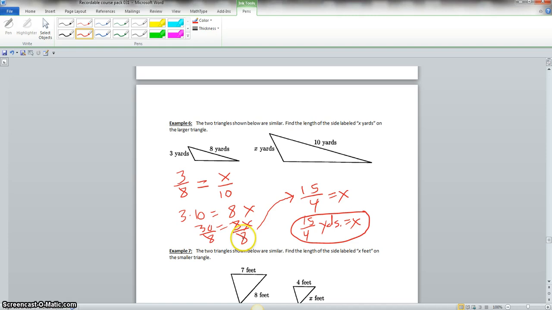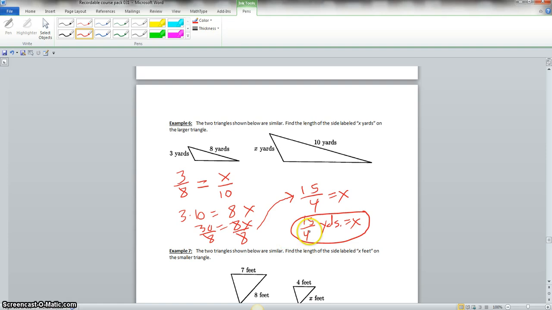Divide each side by 8, and both of these have only 2 in common, which leaves us 15 over 4 is equal to x. So it's 15 over 4 yards is equal to x.